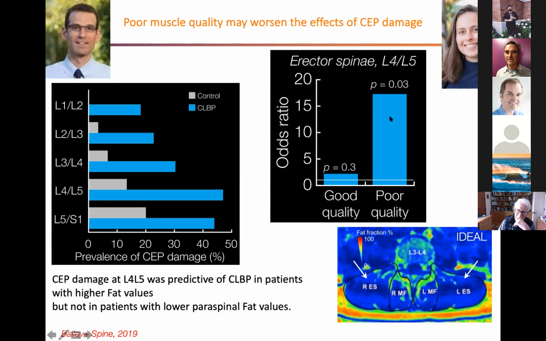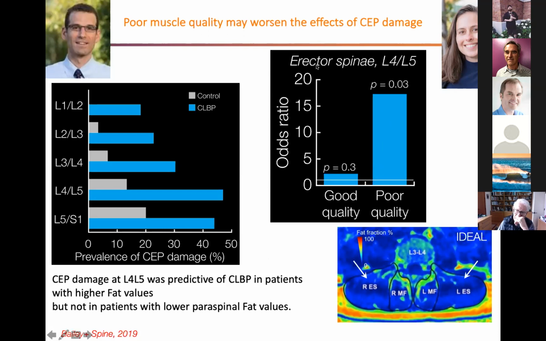Aaron found that the odds ratio was very high in the group with poor muscle quality. That means that end plate damage at L4, L5 was predictive of chronic low back pain in patients with higher fat values, so poor muscle quality, but not in patients with lower paraspinal fat values.